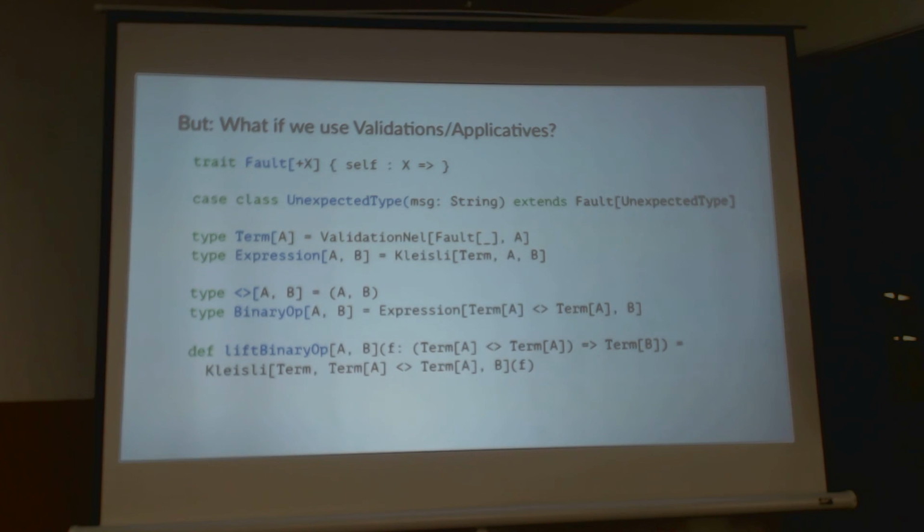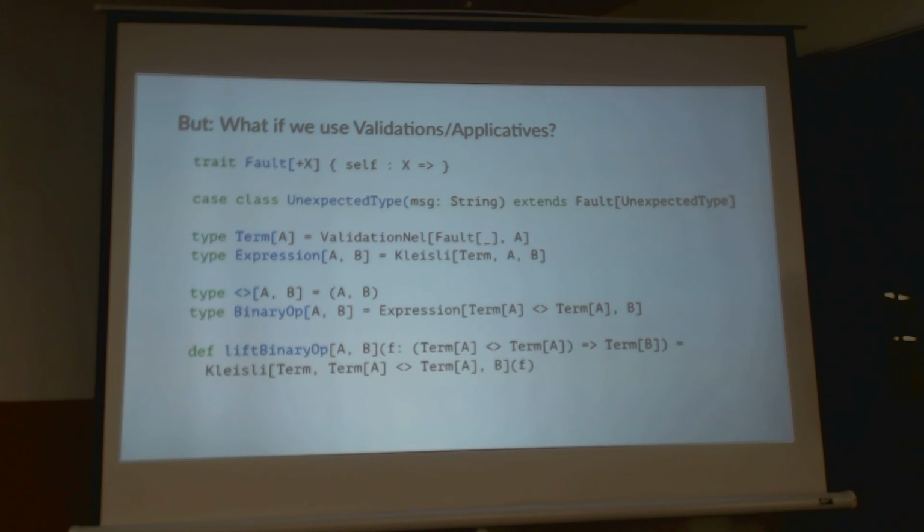So these definitions here, just forget the definitions I had in the previous slides. Here I actually have a separate, independent set of definitions. We're defining fault again. We say, okay, we're going to have this new thing called an unexpected type. So I'm actually going to start unifying some of the types together.